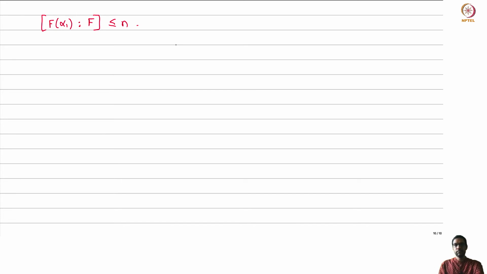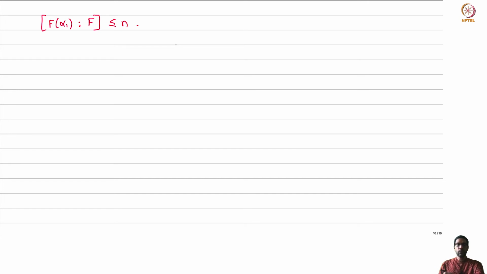For example, maybe alpha 2 is equal to alpha 1, or alpha 2 is minus alpha 1, or some polynomial in alpha 1, say alpha 1 squared plus 2 alpha 1 plus 3. So some number of the other roots may already be part of this extension F(alpha 1).